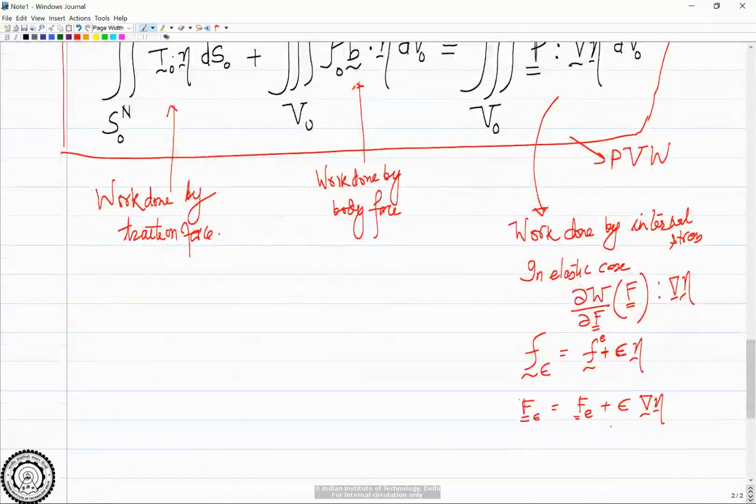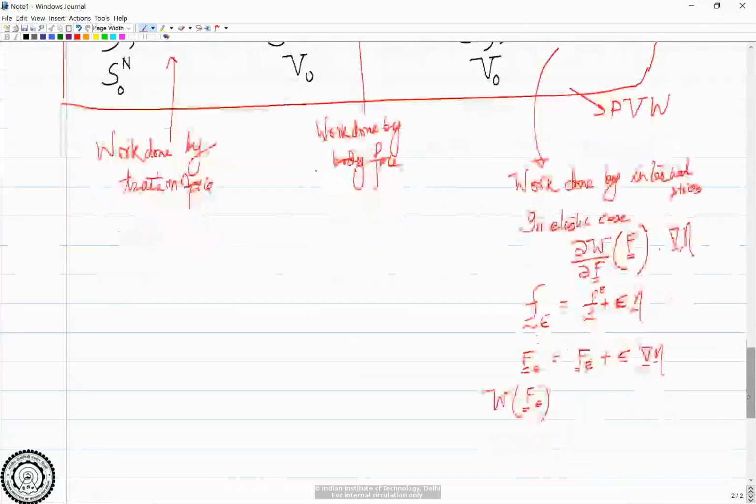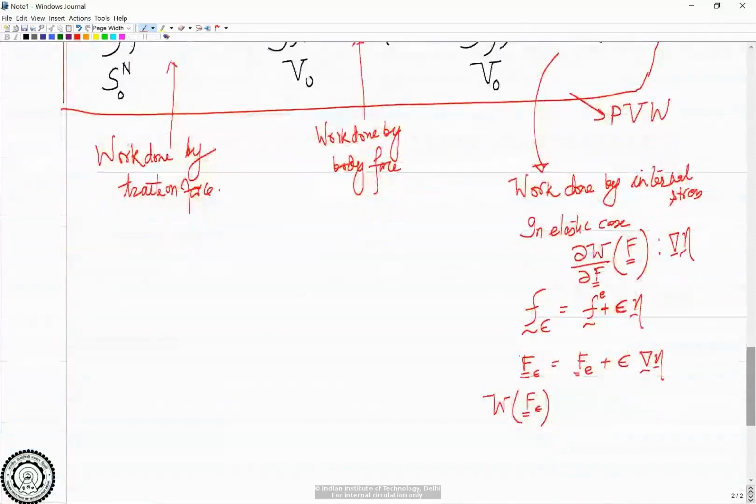So due to this perturbation, what will be the energy stored? The energy stored will be simply W of F epsilon, isn't it? And if epsilon is very small, what is d by d epsilon of W?